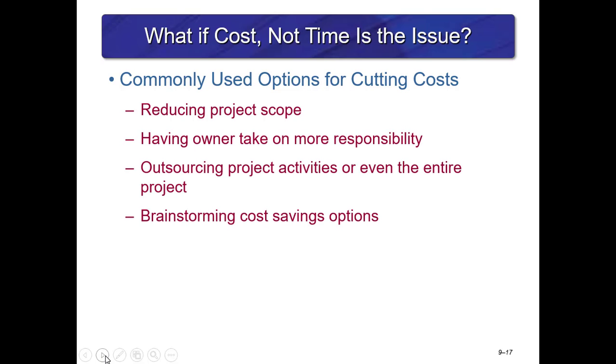If cost versus the time is not the issue, some commonly used options for cutting costs are reducing project scope, having the project owner take on more responsibility, outsourcing project activities, or even the entire project, or brainstorming cost-saving options. So there are more options than this. It depends on your organization, what type of cost-cutting activities they have within the company.